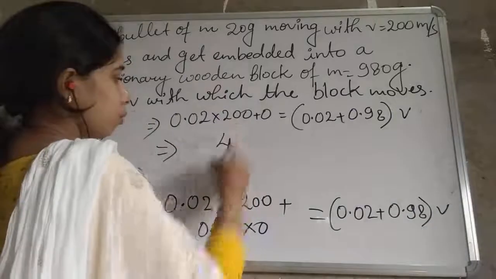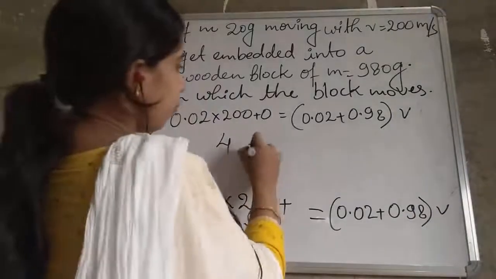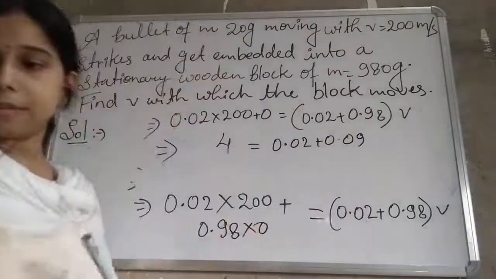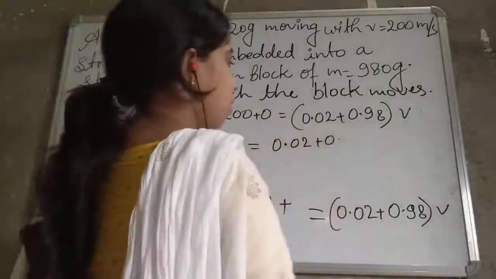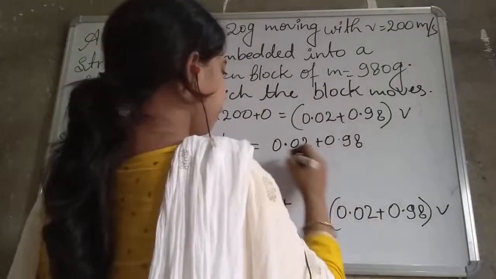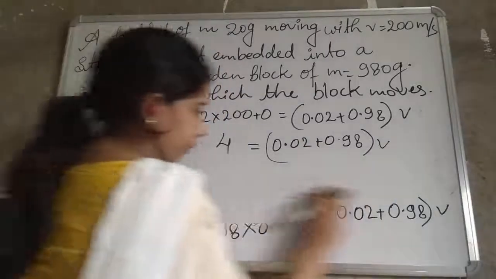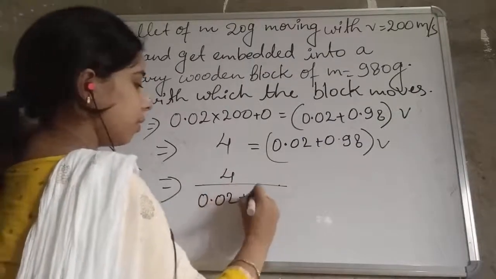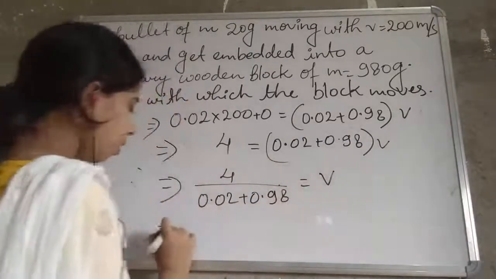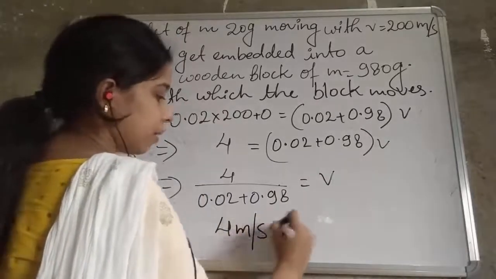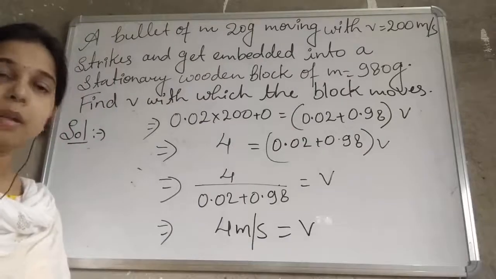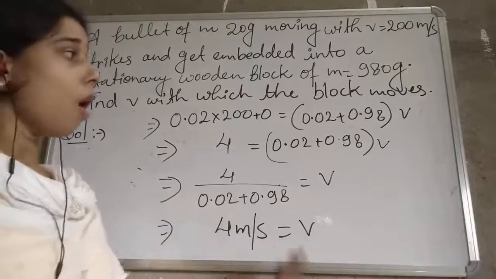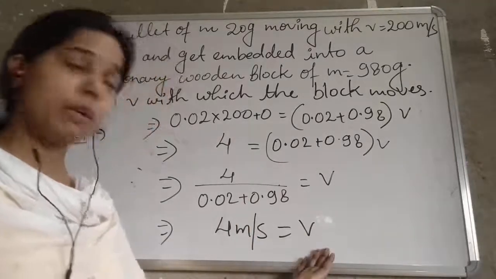Here the left side will be equal to 4. So 4 is equal to (0.02 plus 0.98) V, or 4 upon (0.02 plus 0.98) is equal to V, or 4 meter per second is equal to V. Here we used the law of conservation of momentum, but the final velocity of both of them will be V only, not V1 and V2.